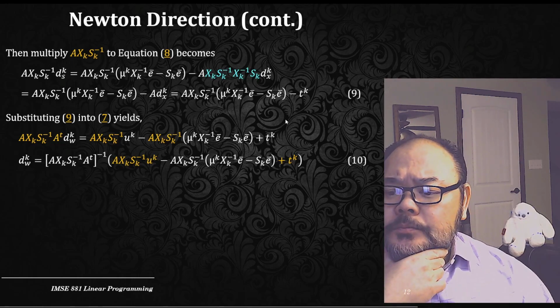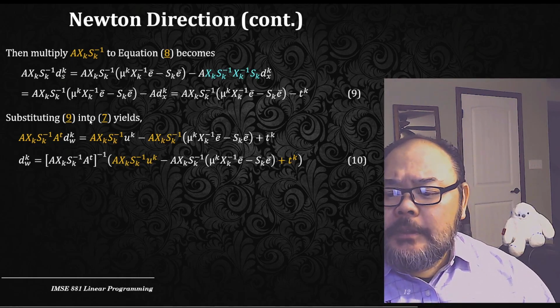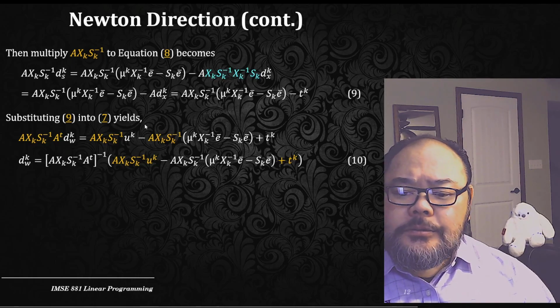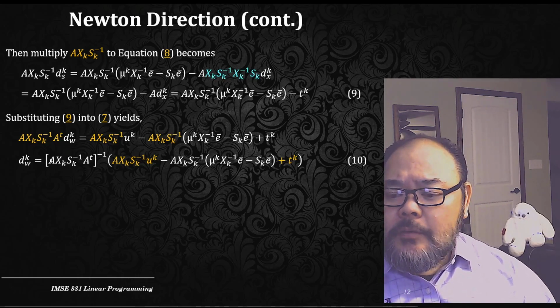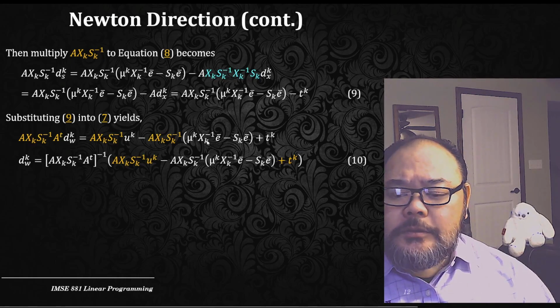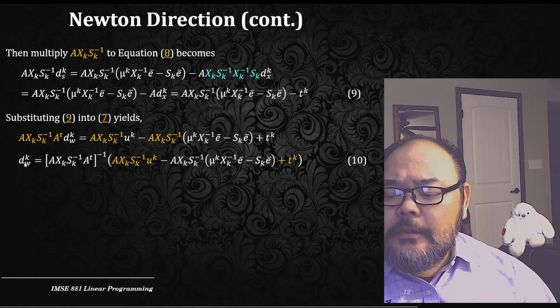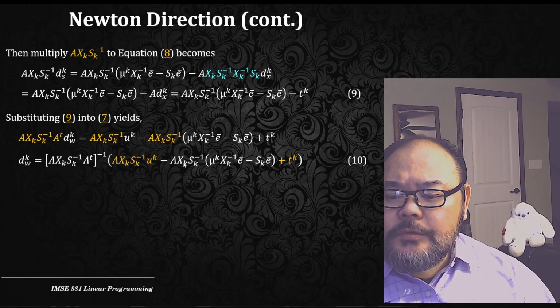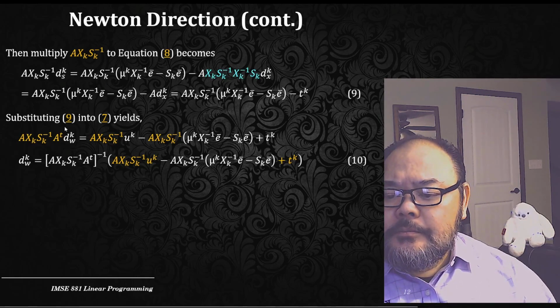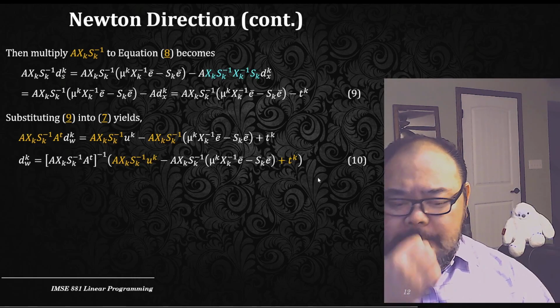Also, substituting equation 9 into equation 7, we can easily get this one. Then we can calculate d omega k using this. We just multiply both sides of this equation by the inverse of this, and that will get this.